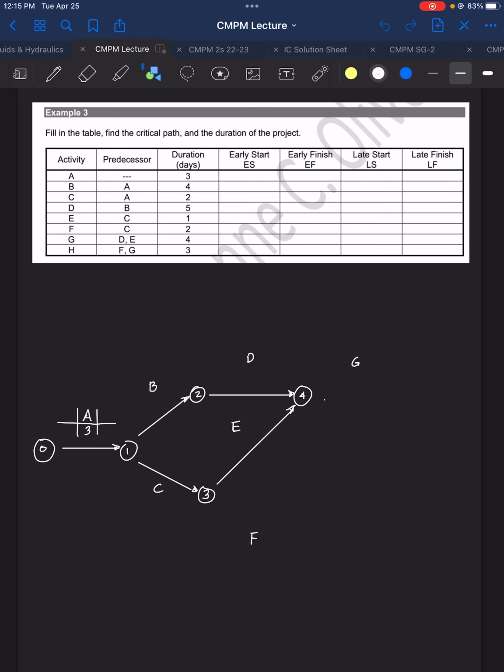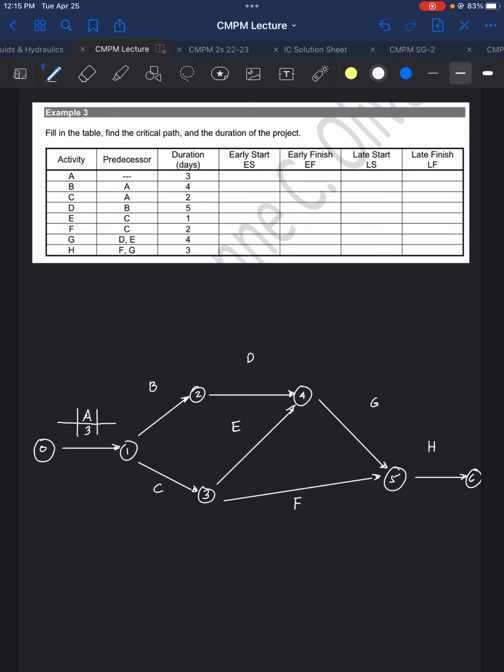So let's do some arrows like this. So this is now our node 5. So this is G, and then this is F, so that activity H will start. Node 6. Okay, so this is our activity H.